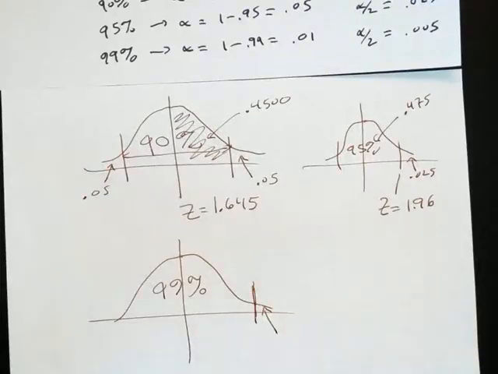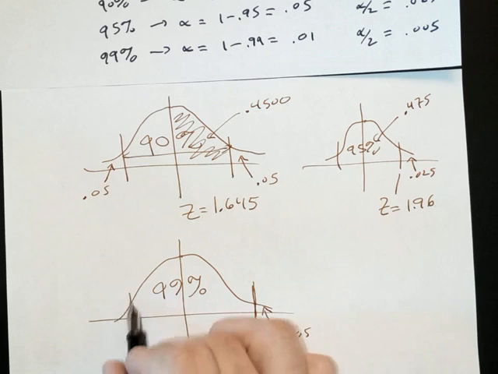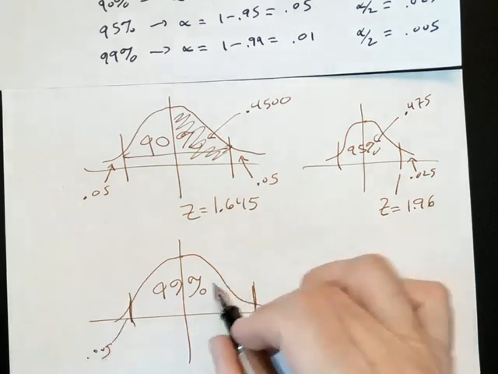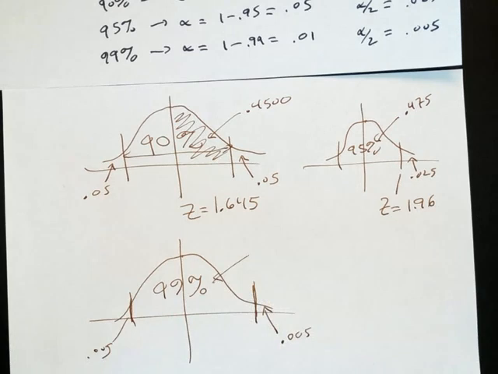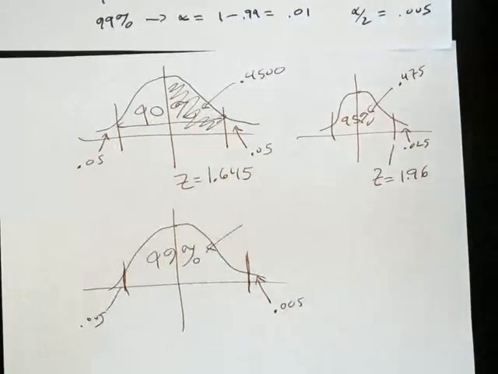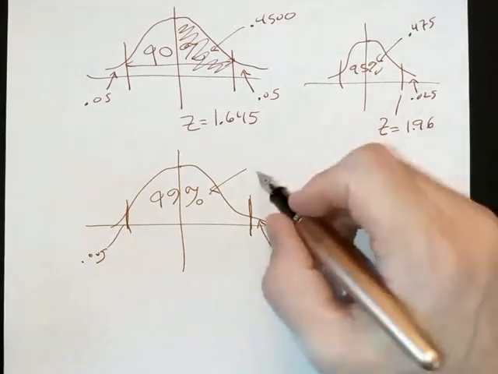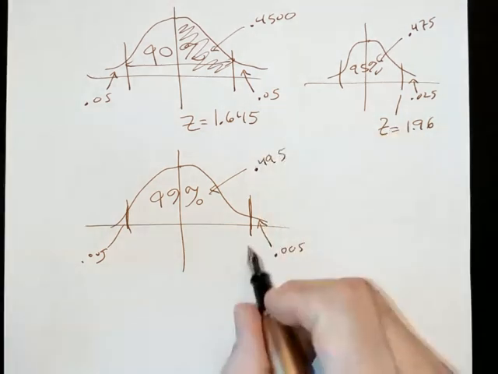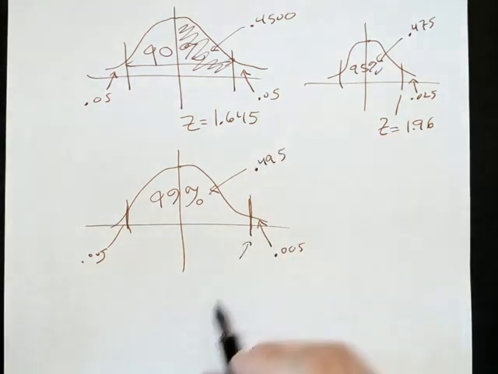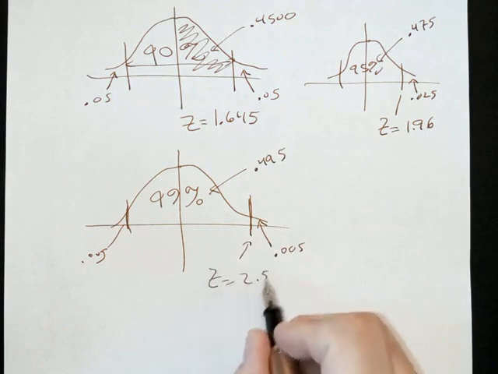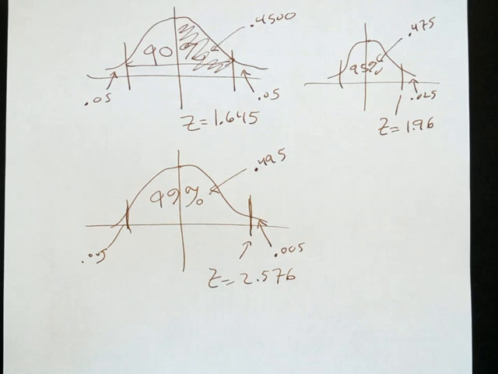If I'm doing 99%, then this should be 0.005 up here and 0.005 down here. What should be on that side? And if I go and look on my table, Z equals between 2.57 and 2.58.